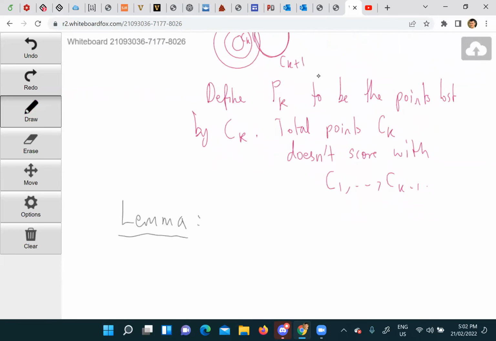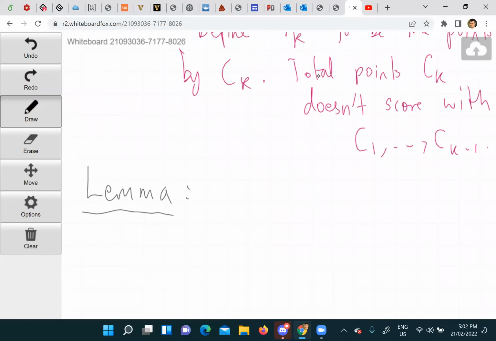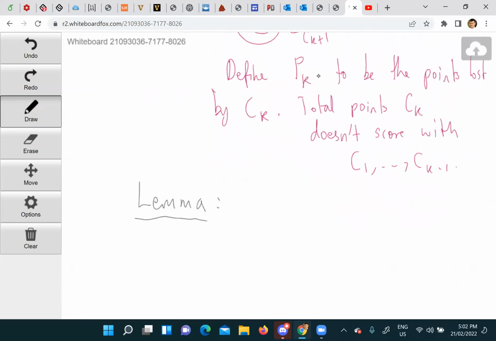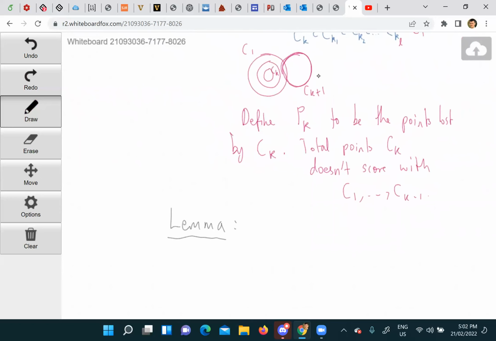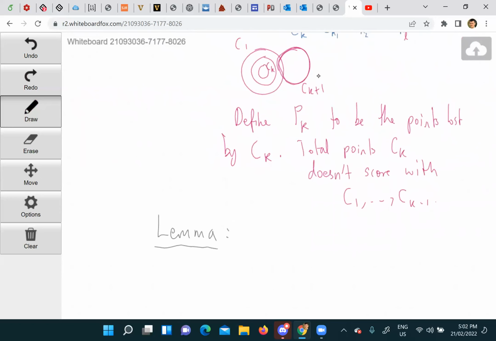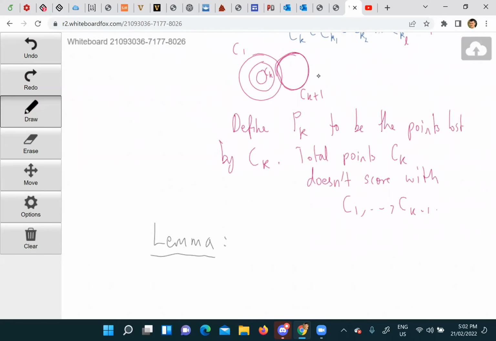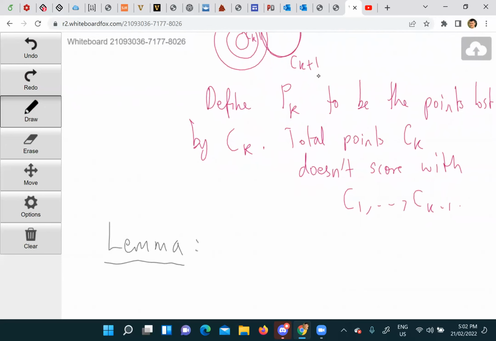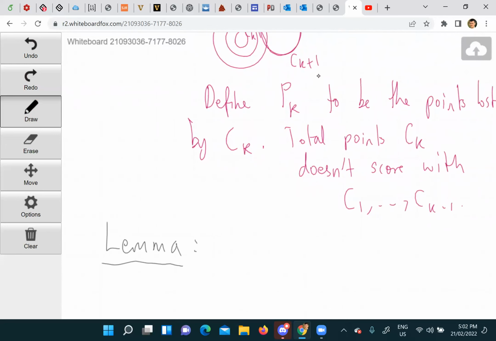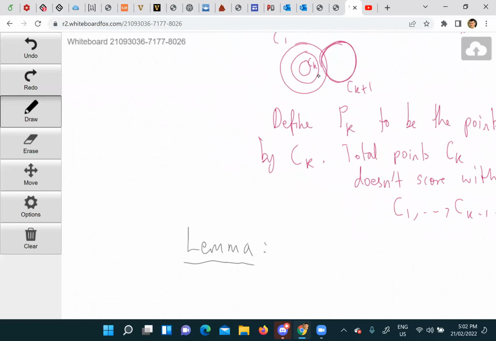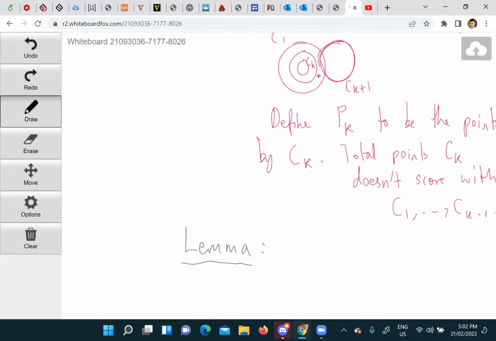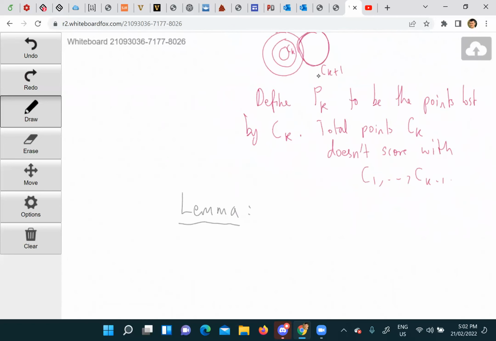Well, the small circle always just scores 0, that's just K plus 1. No, it's not necessarily the smallest one. For example, we'll see when you do the small case, okay?